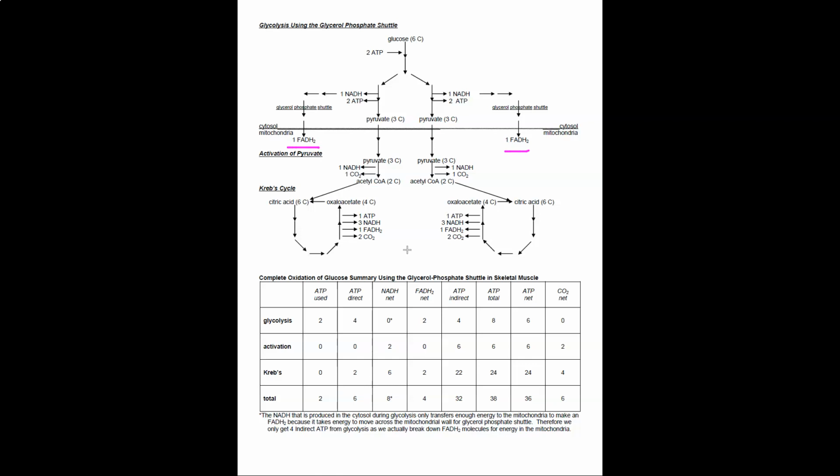You should understand the difference between total and used, and the active versus passive transport, and where it's at. Okay, so as an example, the glycerol phosphate shuttle is the same thing as saying in skeletal muscle, which is the same thing as saying active transport mechanism, which is the same thing as saying 38 total, which is the same thing as saying 36 net.